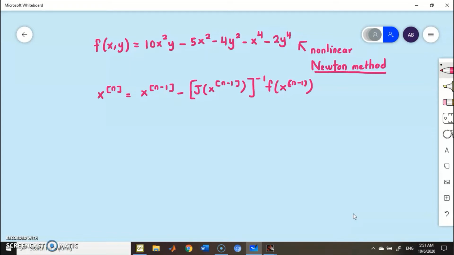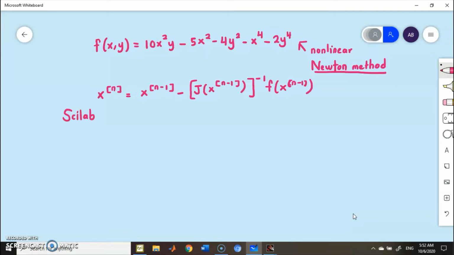But remember, you can get the inverse, but if you want to use Scilab or MATLAB, I can also show you how you can use the backslash notation to solve this. I'm using Scilab now.